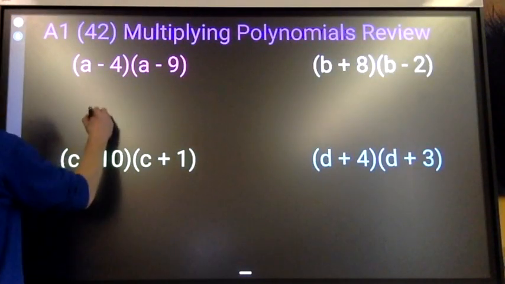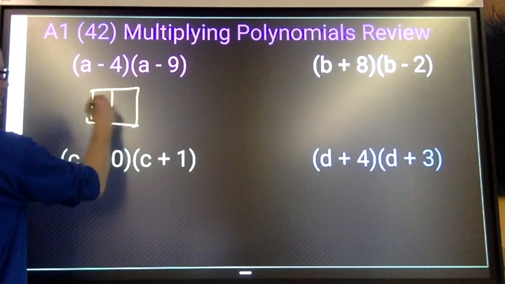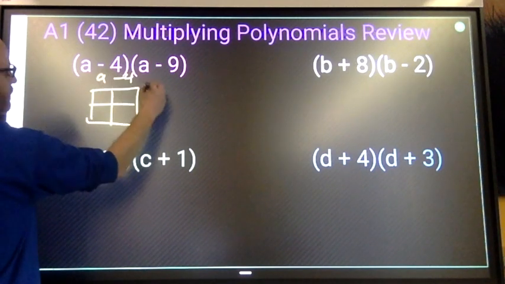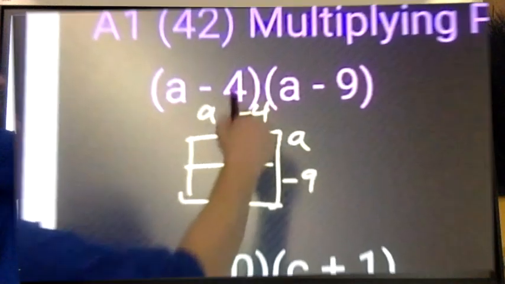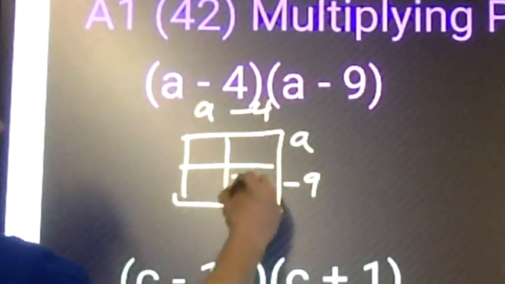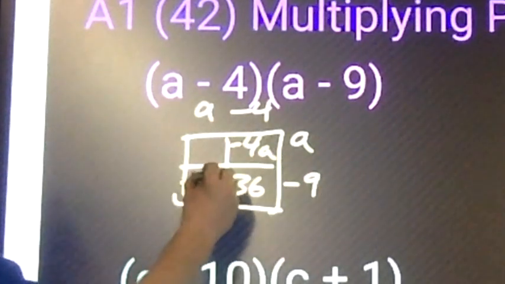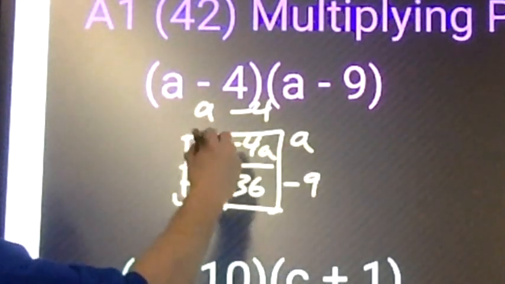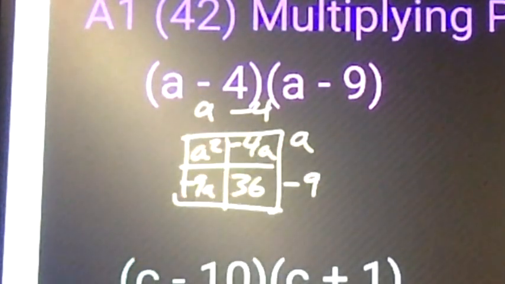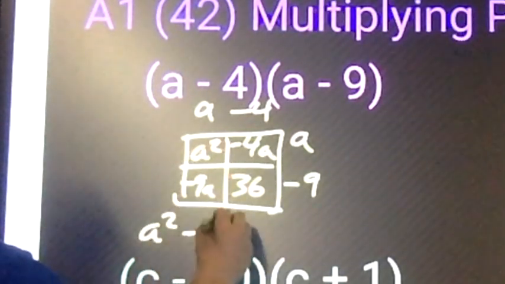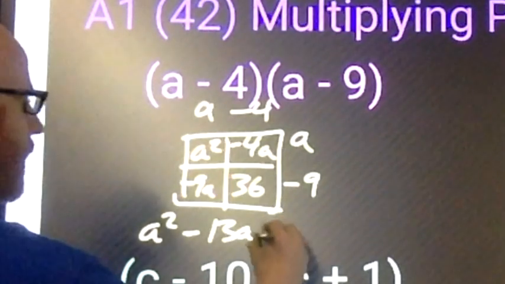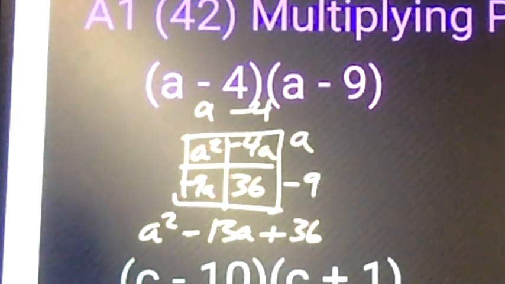All right, so method number 1: negative 4 times negative 9 is positive 36. Negative 4a's, negative 9a's, a times a is a squared. Bringing everything out of the box, combining like terms, we got a squared minus 13a plus 36.